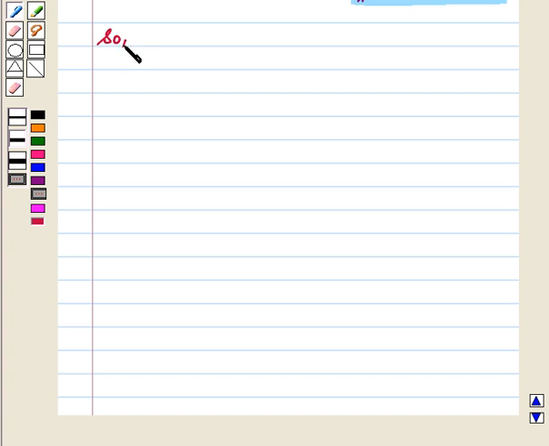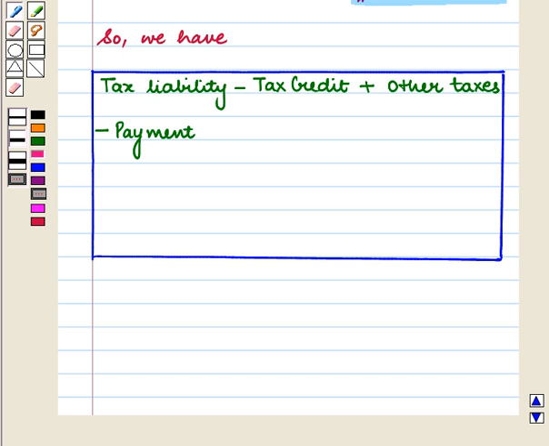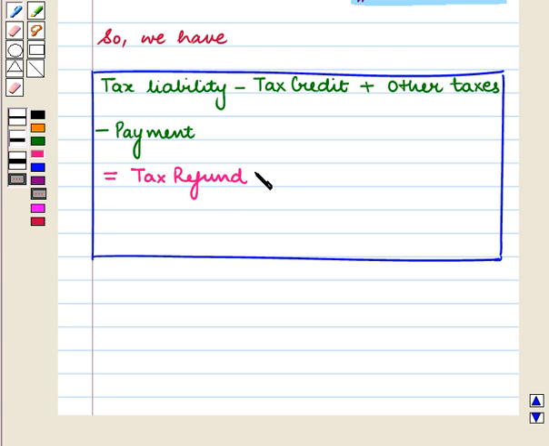So we have tax liability minus tax credit plus other taxes minus payment is equal to tax refund if the value is negative or tax owed if the value is positive.